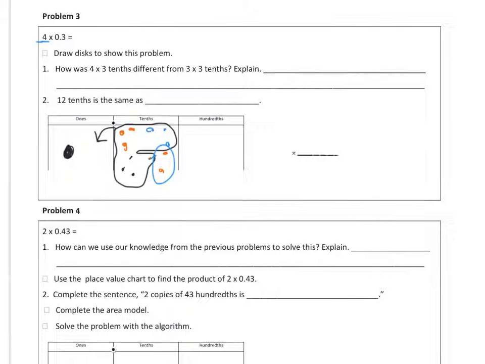So did we draw our discs? Yes, we did. So how is 4 times 3/10 different from 3 times 3/10? Well, we had too many tenths, so we had to move into the ones place.